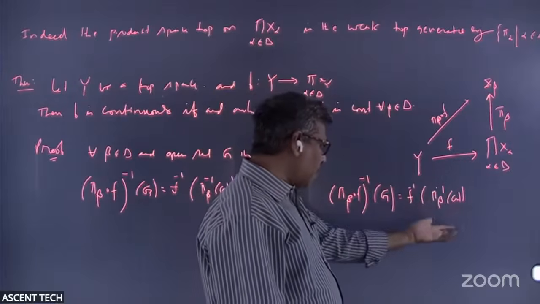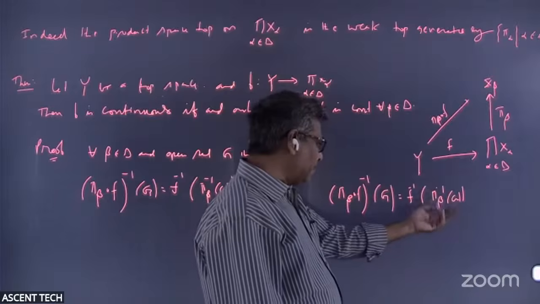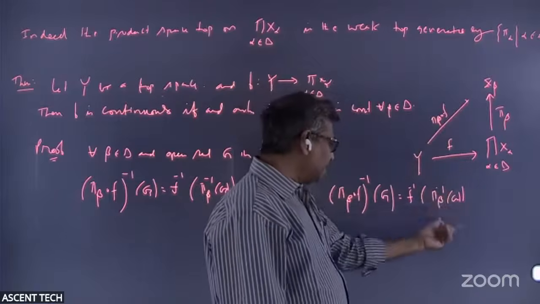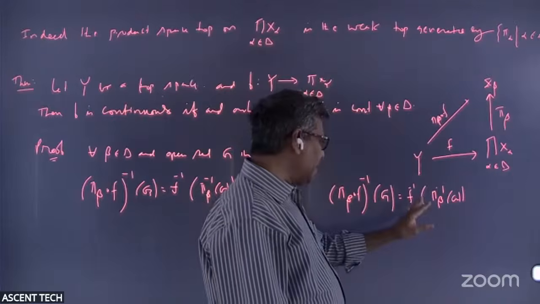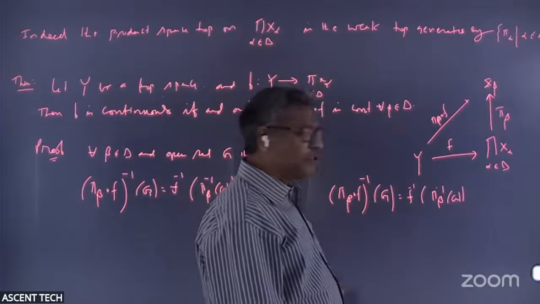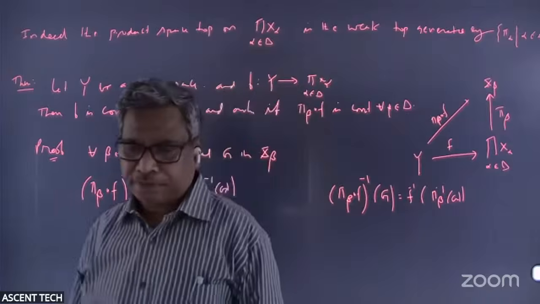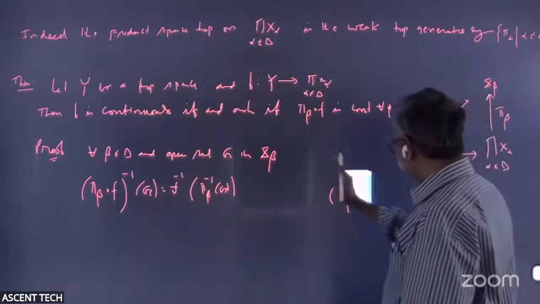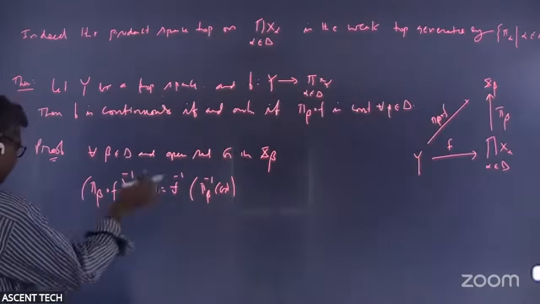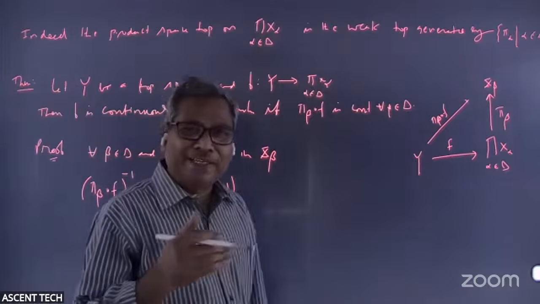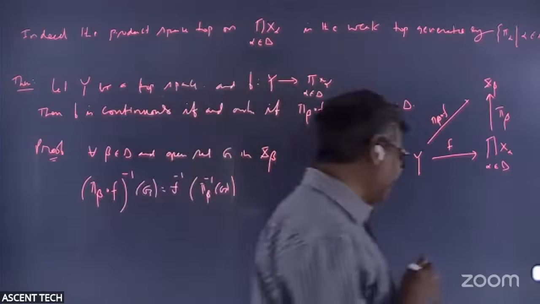But such open sets, as beta keeps varying and G becomes any open set, are all the subbasic open sets. So this amounts to saying that F inverse of every subbasic open set is an open set, which means F has to be continuous. This proves the result. Result follows. Good. I'm saying that things are very easy if you understand the notation.